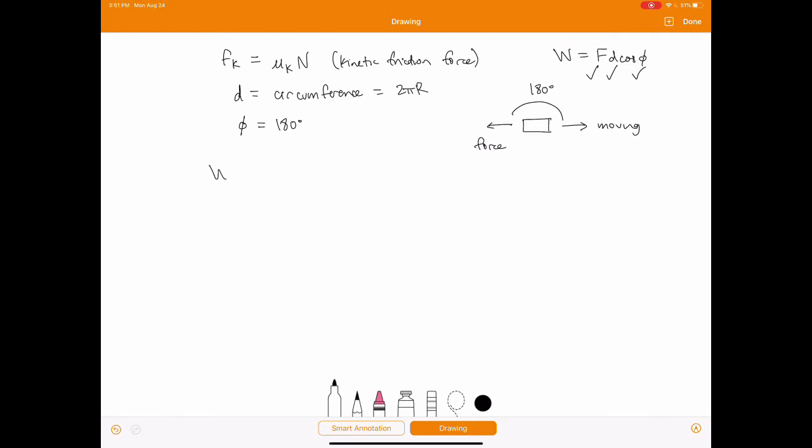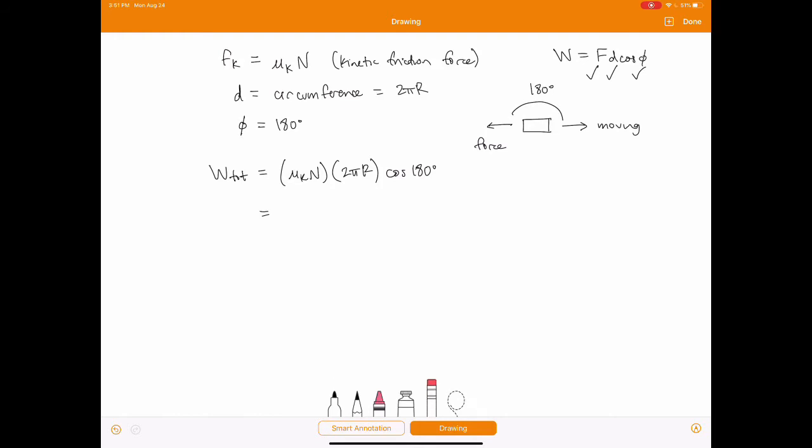So then what is the total work for one complete circle? Well, we take the force, which we said is mu k times n. We take the distance moved, which is 2 pi r. And then we take cosine of the angle, which is 180. And we remember that cosine 180 just brings out a negative sign.